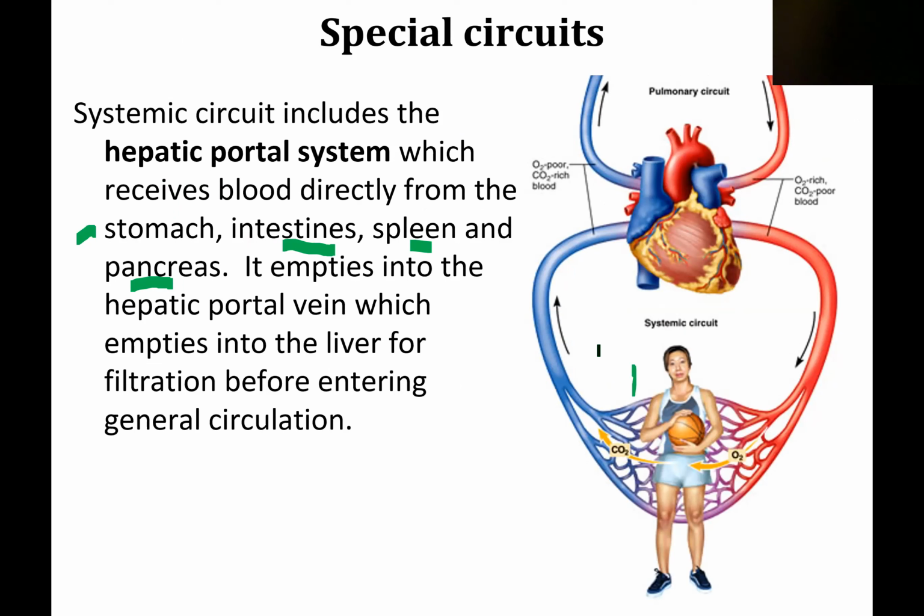Then you have a series of veins converging into the hepatic portal vein, which is going to go into the liver, which then filters the blood before it goes back into the bloodstream. So the liver represents the second capillary bed.